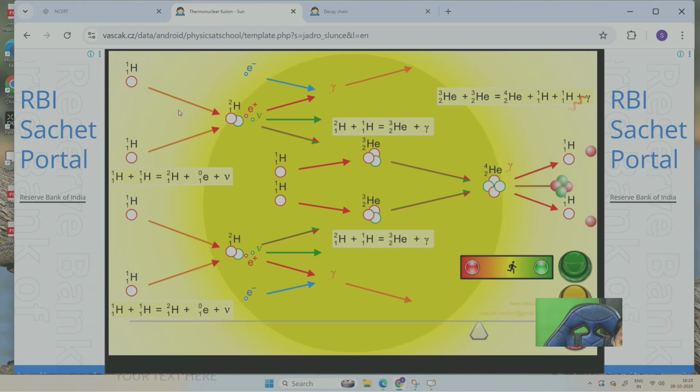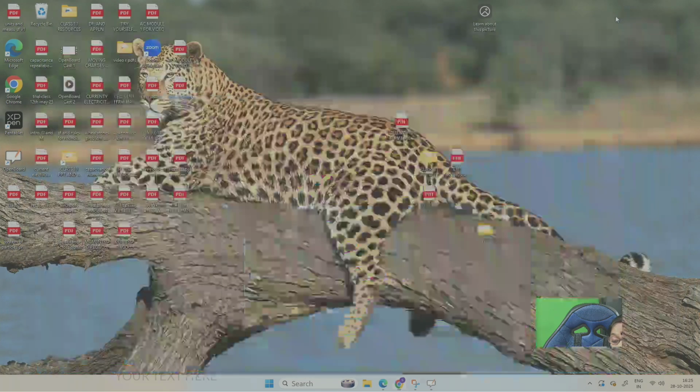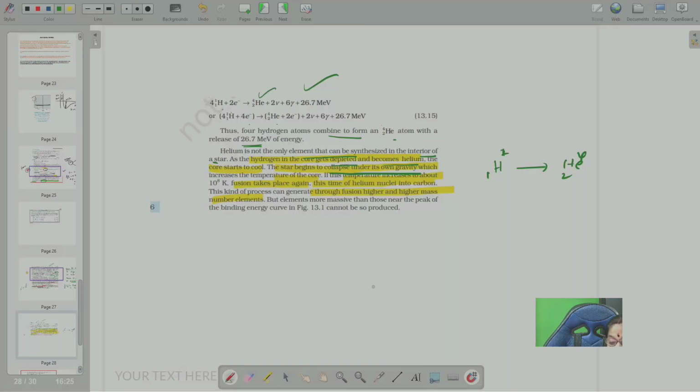Once it collapses, again higher mass elements, fusion takes place. The star begins to collapse under its own gravity, which increases the temperature. As hydrogen in the core gets depleted and becomes helium, then the core starts to cool.